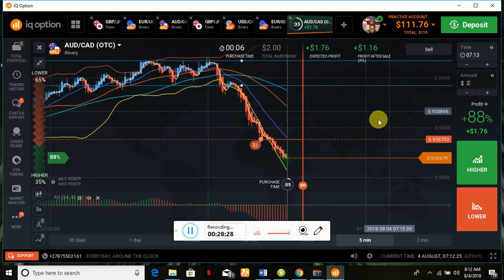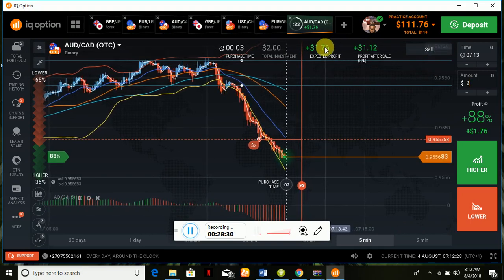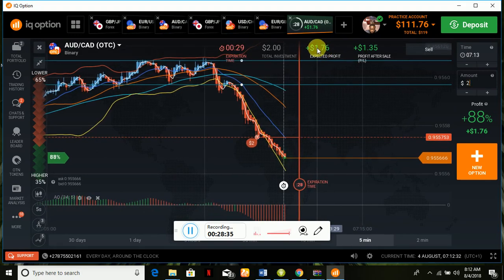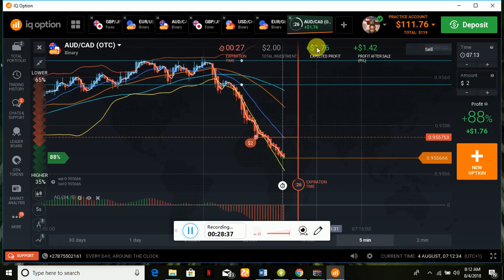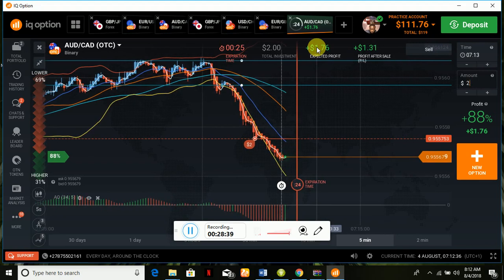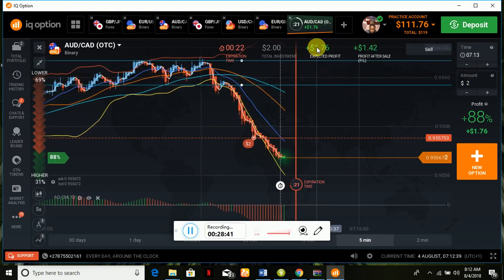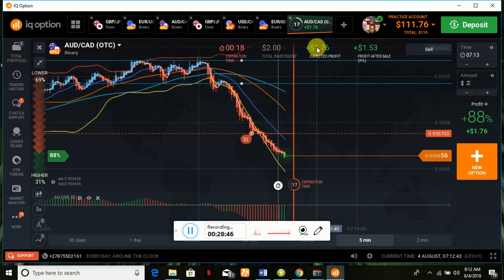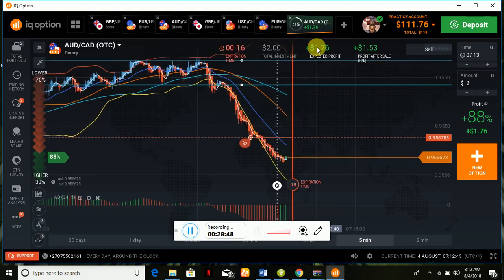That means your $2 will be back and you will have 76 cents on top of your $2, and the $1 that you lost before is also back, so you'll come back even with some profit. So it's worth it. It's a win-win situation.